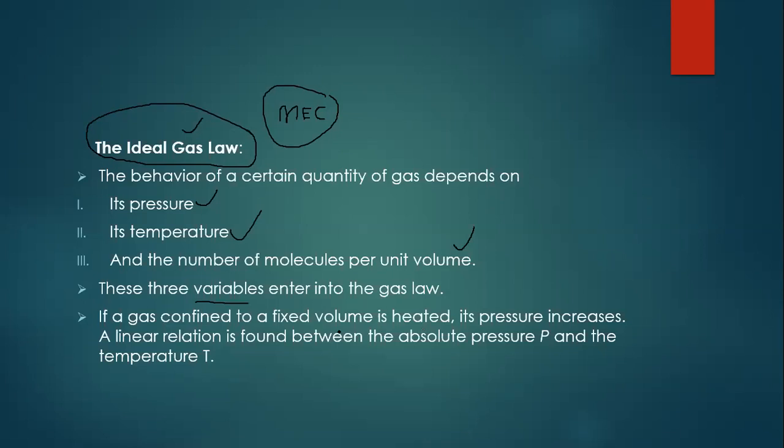All right. So let us look at the first premise. We have these three variables, right? Three variables. If you have a gas in a container like that, and this container is tied fully, such that it cannot expand or contract, we expect that the volume is what?